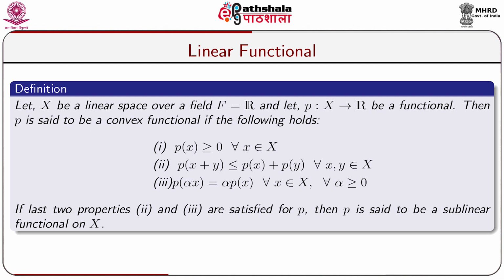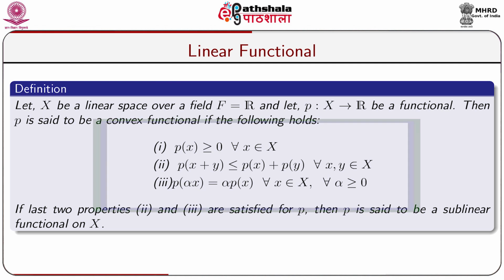Let X be a linear space over the field R, that is the space of reals, and let P be a mapping from X to R, a functional. Then P is said to be a convex functional if the following properties hold.